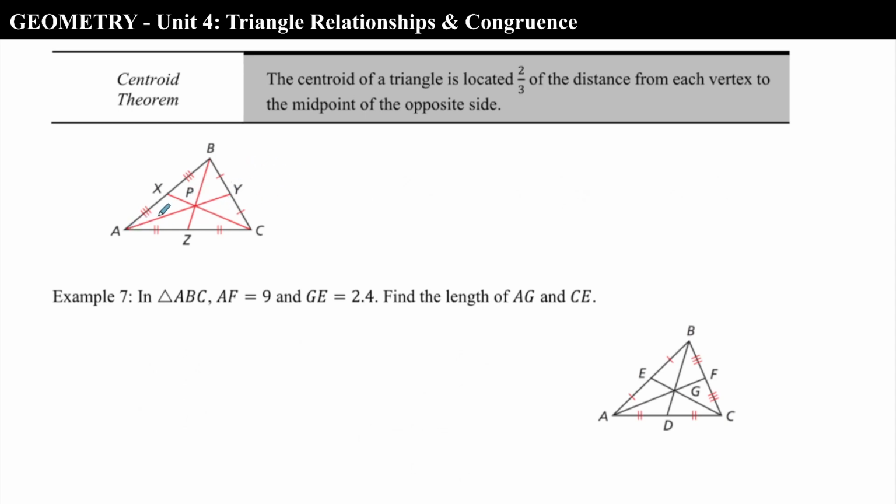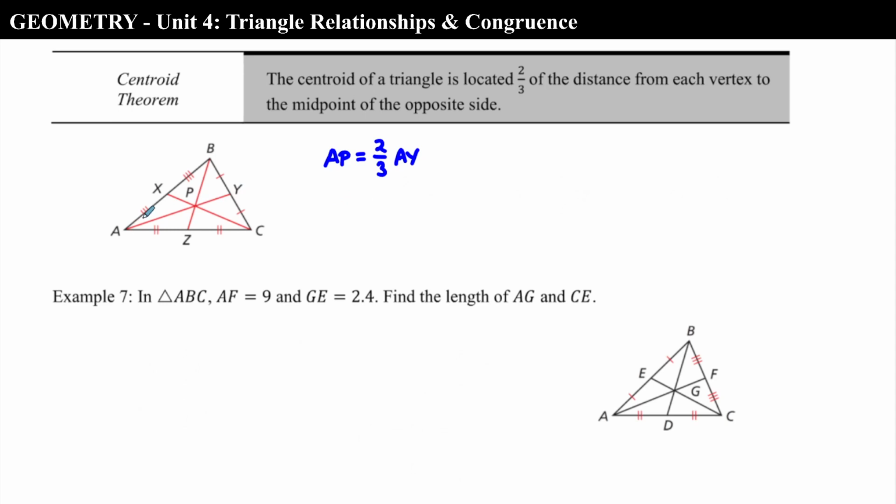Take a look at AP here. AP is equal to 2/3 of the entire length, AY. So in other words, PY is 1/3 of it. So you can break this up into 3 parts. AP is 2 parts, PY is 1 part.